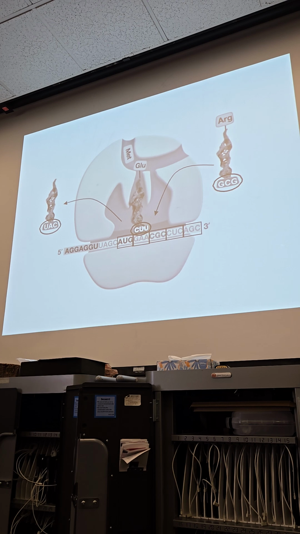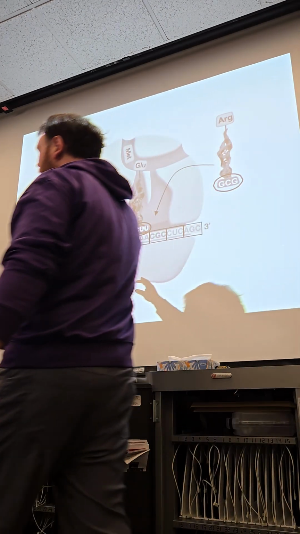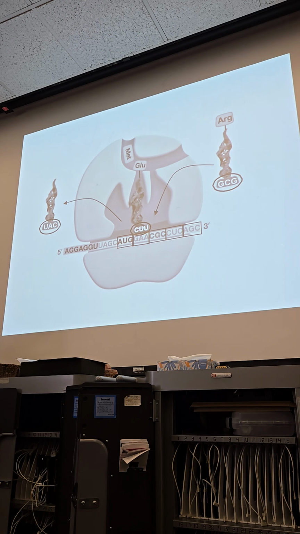And even that's anti-parallel. So your anticodon is going to be anti-parallel to the mRNA. AUG is my codon.